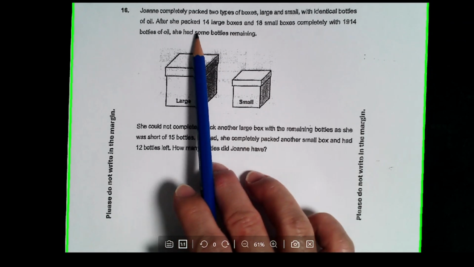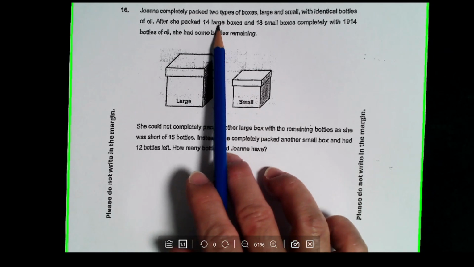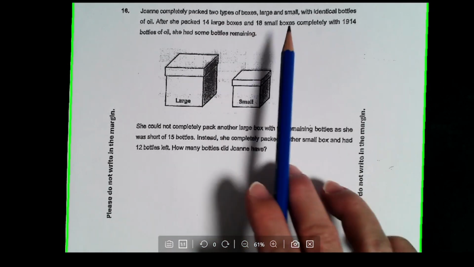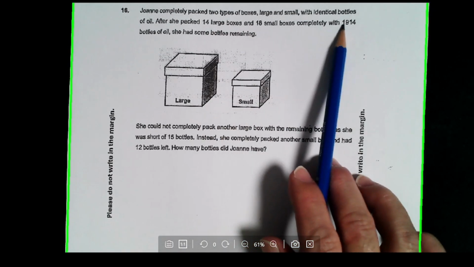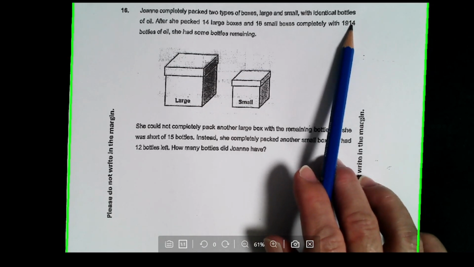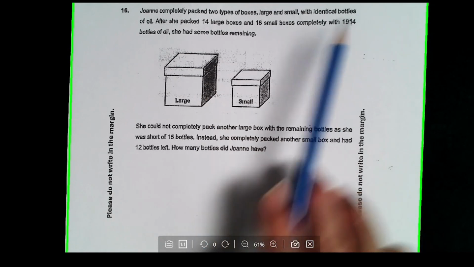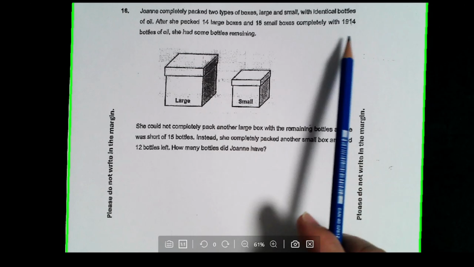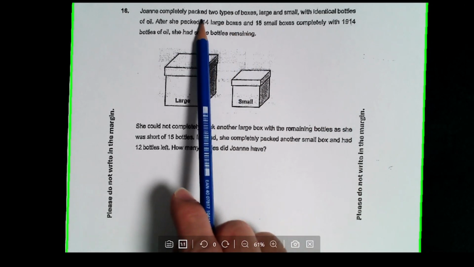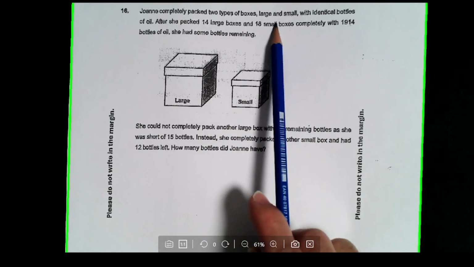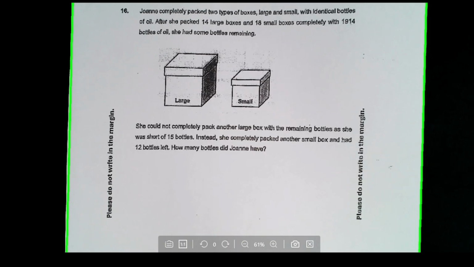Now, after she packed 14 large boxes and 18 small boxes completely with 1914. What does that mean? It means 14 large and 18 small can hold 1914.